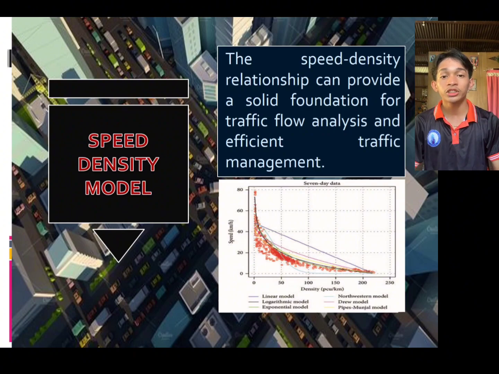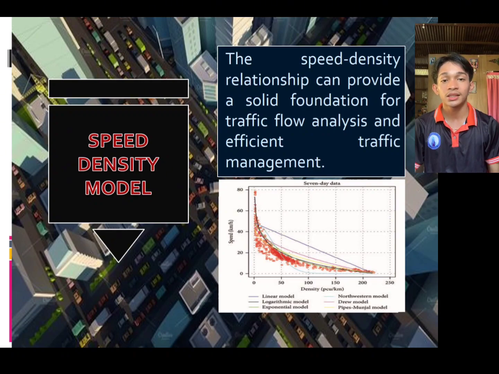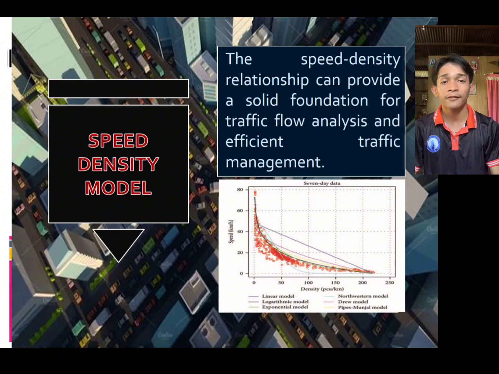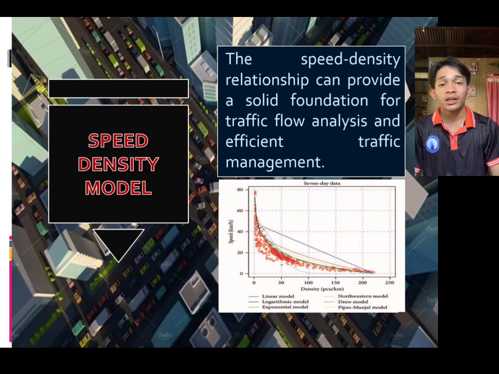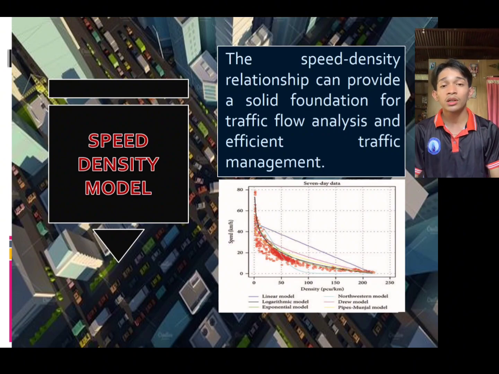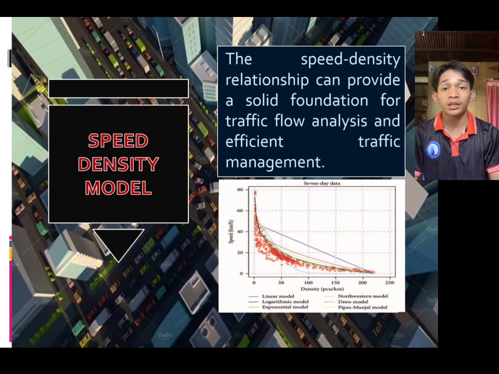This relationship states that as the traffic density increases, the speed of the vehicle decreases, and vice versa. For example, on a congested roadway where the density is increasing, the speed of the vehicle tends to decrease because vehicles experience more interaction and conflict with other vehicles.